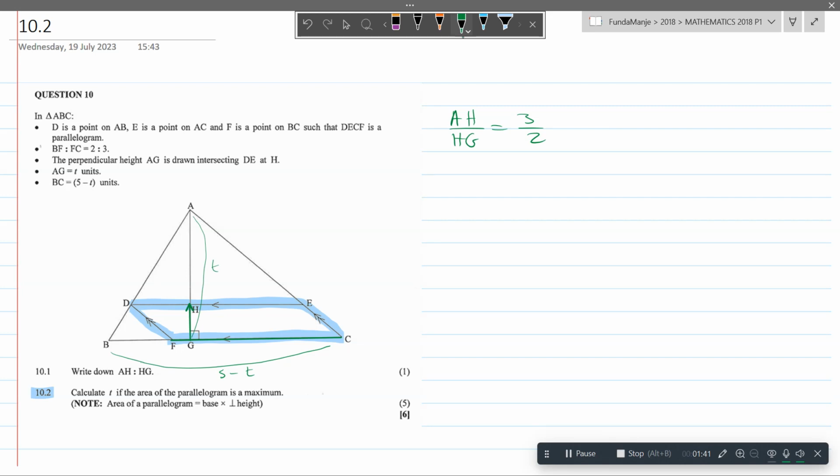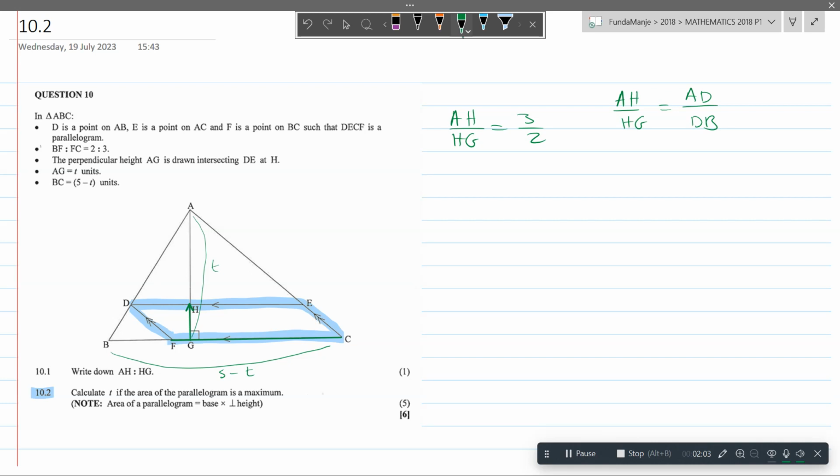Then we know that AG is equals to AH plus GH. And we also know that, so let's write down everything we do know. We know that AH over HG is equal to AD over DB.